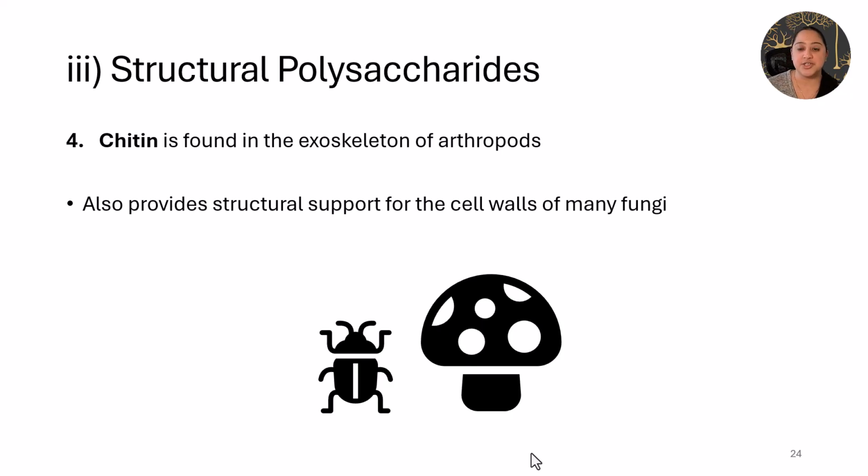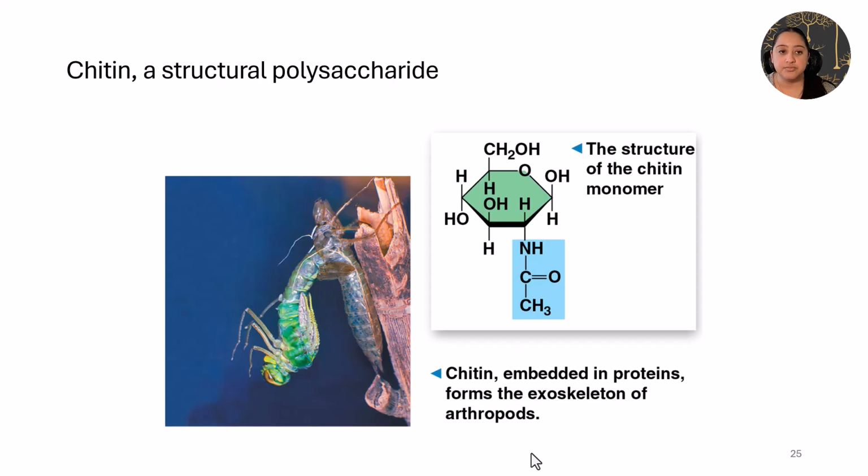So fungi also have cell walls, similar to plants, but they're made of totally different stuff. In this case, it's chitin, not cellulose. And so here's an example of chitin, and it's embedded in proteins, and that helps form the exoskeleton of arthropods. Gross.